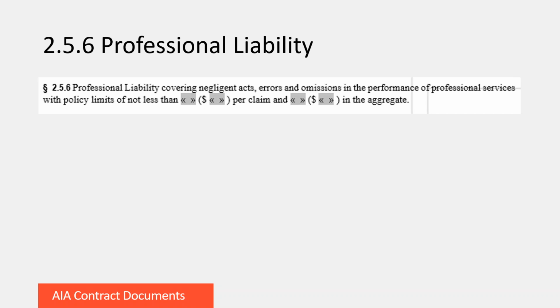And professional liability tends to be the one that gets the most attention because it applies if there are claims for errors and omissions related to negligence by the architect. So this one may be something that is scrutinized a little bit more closely. Some of the other policies may tend to be the same from project to project.